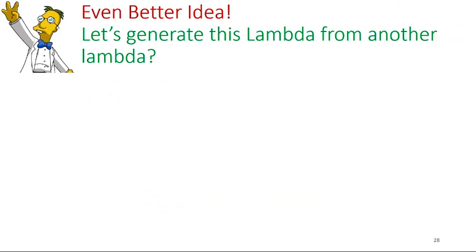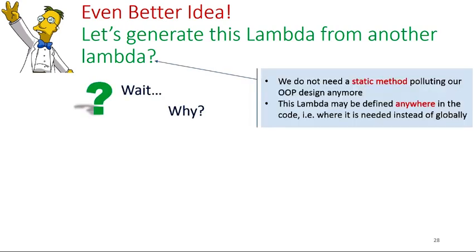Last thing, what about we go one step further? Okay, so we're going to try to generate that lambda that we use from another lambda. The benefit is that in the previous example we had a static method that was pretty much polluting our code, because maybe we just need it in that specific part of my code, but I had to define it as a static method.